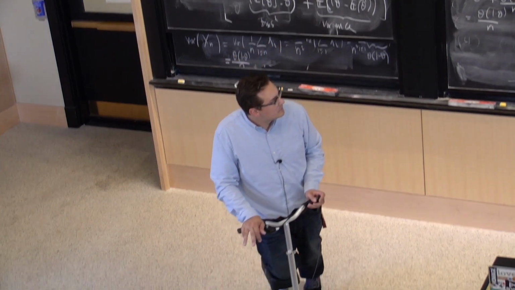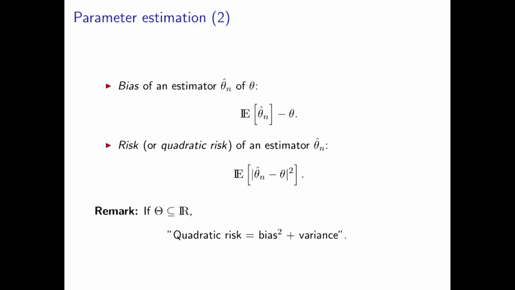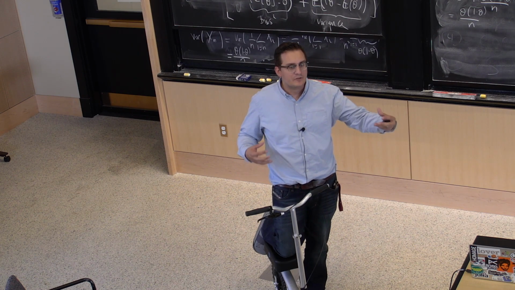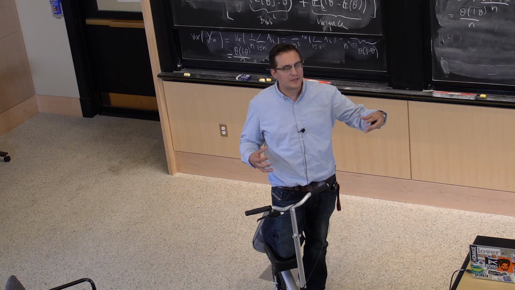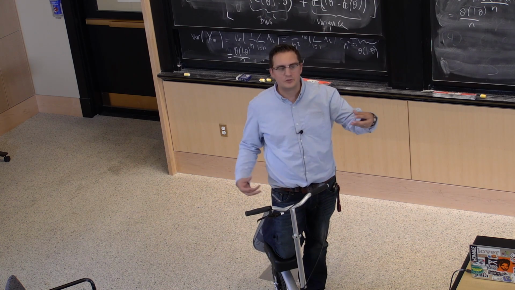Those trade-offs between bias and variance are usually much better illustrated if we're talking about multivariate parameters. If I look at a parameter which is the mean of some multivariate Gaussian, so an entire vector, then I can make the bias bigger by, for example, forcing all the coordinates of my estimator to be the same.